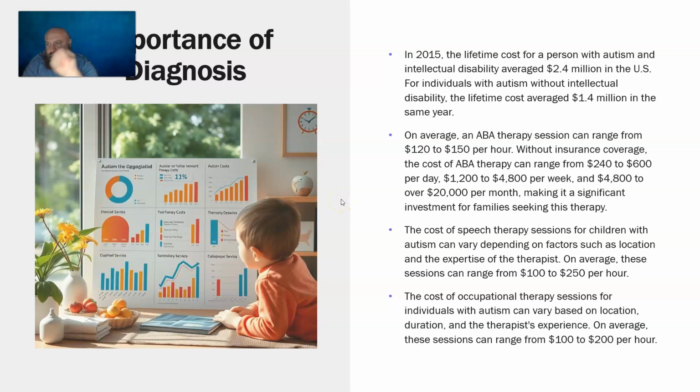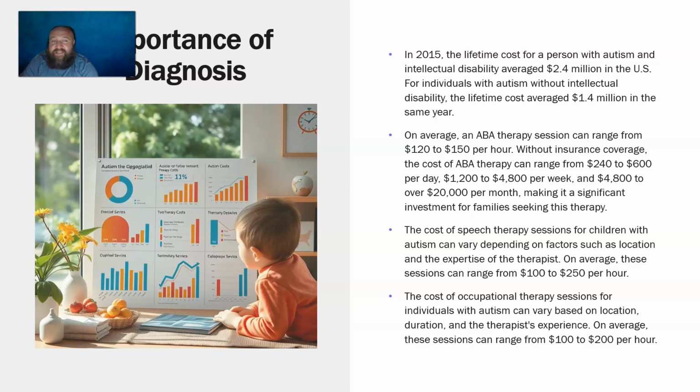One of the reasons why it's so important, I talked about insurance companies. If you remember way back in Module 1, ASD is actually one of the most expensive disorders, medical conditions you could have over the course of a person's lifetime, as of 2015, so obviously the price has probably gone up. Think about how much prices have changed from 2015 to 2024, 25.